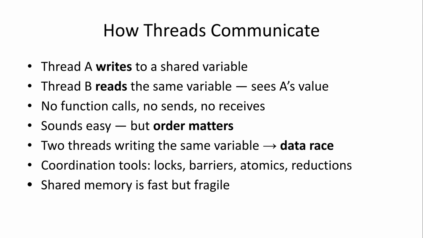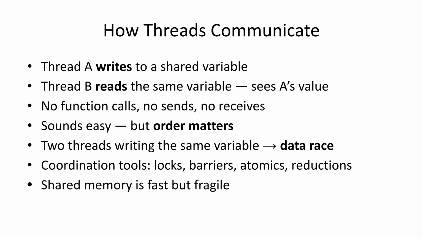So in theory it seems very simple, but the order in which these operations happen is also very important. If multiple threads are trying to access the same memory location, especially when they want to write to that location, then we have a problem. If multiple threads are just reading from a given location, that's okay, but if at least two or more threads are trying to write to that same memory location or the same variable, we have a challenge.